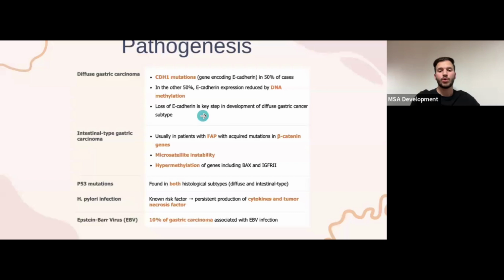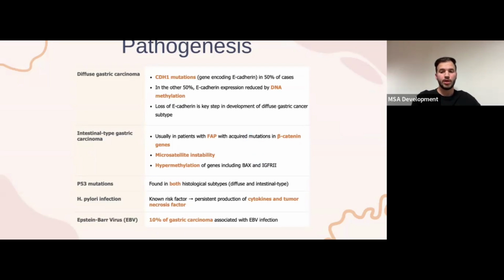And we have the second type, which is the intestinal type gastric carcinoma. It can happen in patients with FAP and in those who have mutations in the beta-catenin genes. So those patients will have hyperproliferation of their tissue. Also, they may have microsatellite instability, which means a defect in the DNA repair system, which leads to accumulation of mutations. Also, we have hypermethylation of genes including BAX and IGFR receptor 2.